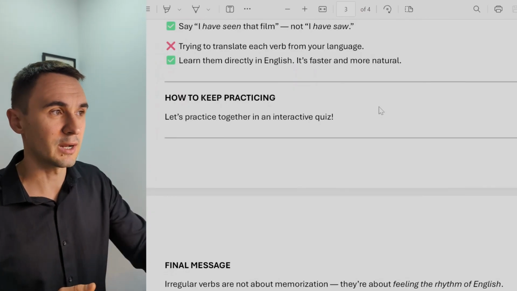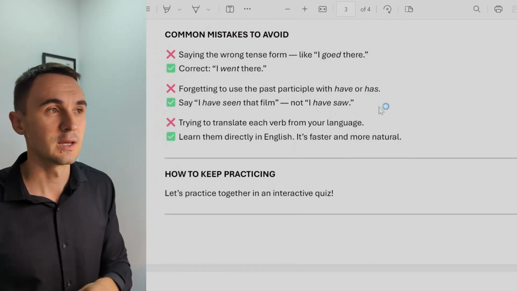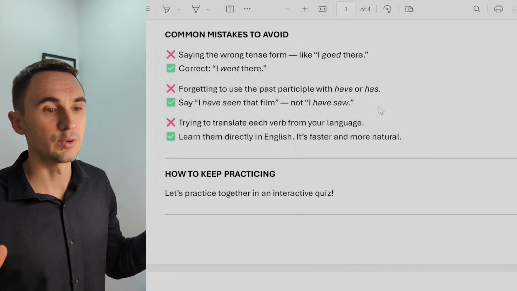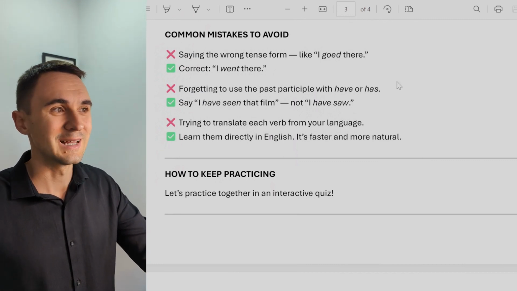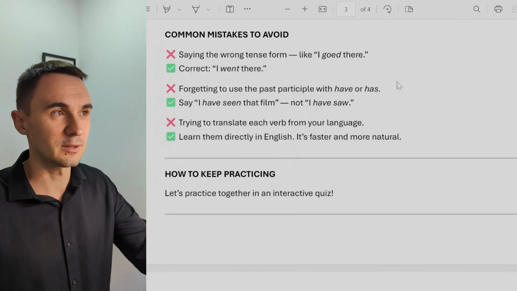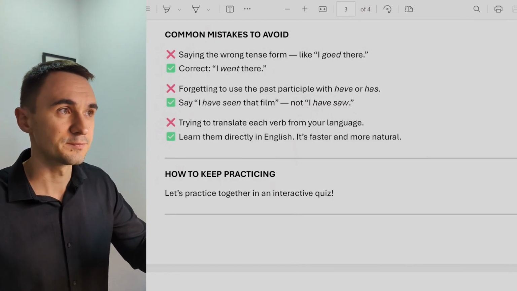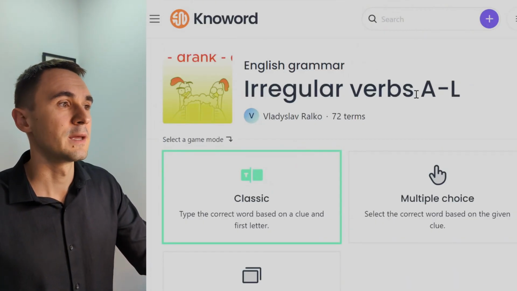I prepared a nice quiz for you, which consists of two parts, because there were just too many irregular verbs, and I tried to put there all the irregular verbs that I could possibly find. So let's start practicing together, and of course you can access these quizzes in the link below in the description to this video, okay?